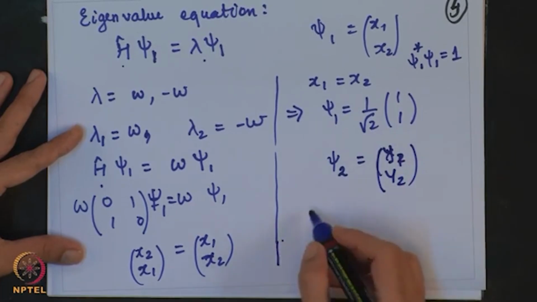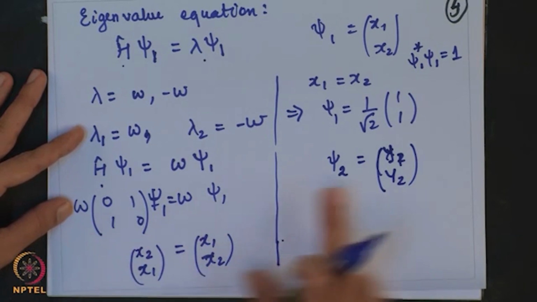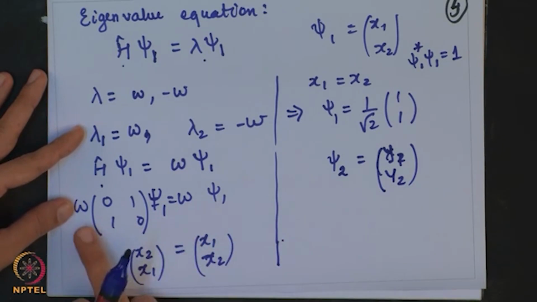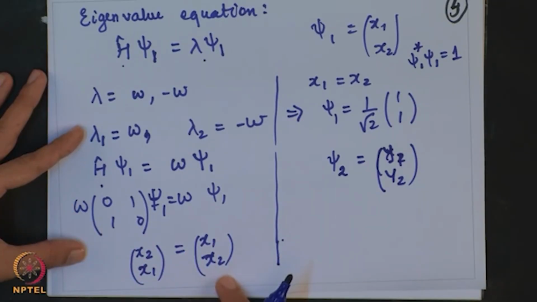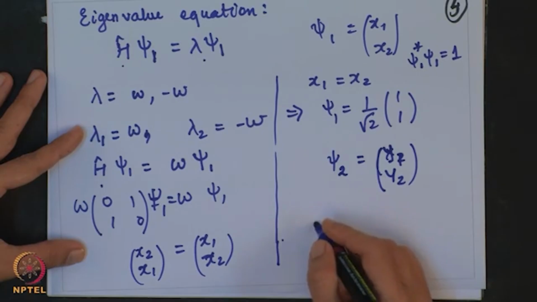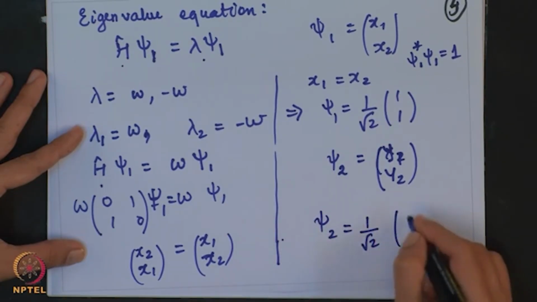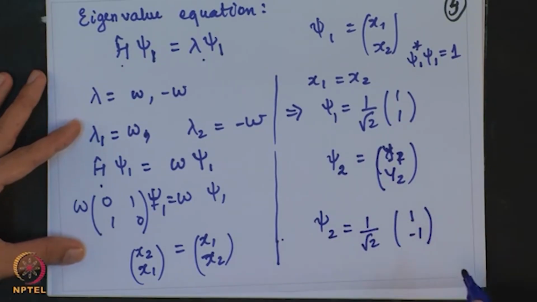In the same way, when you substitute for psi 2, your lambda 2 is minus omega. So, you will have x2 as minus x1 and x1 as minus x2. If your x1 is 1, then your x2 is minus 1. So, your psi 2 will be 1 by root 2 times 1 minus 1. This is the way you can write.